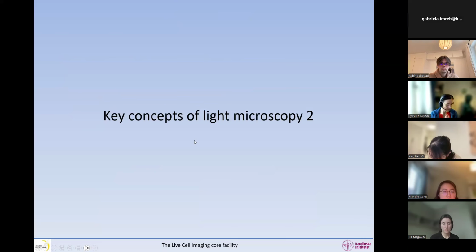So now that I have said this, I think we have a better idea of what light is and how we can manipulate it, and also how the image that we are recording is formed. So now I want to put again this key concept of light microscopy that I spoke about before, just so that you understand maybe what I meant.